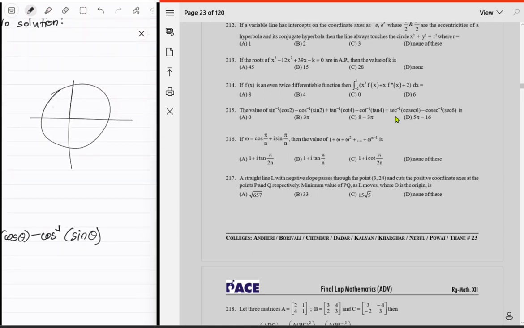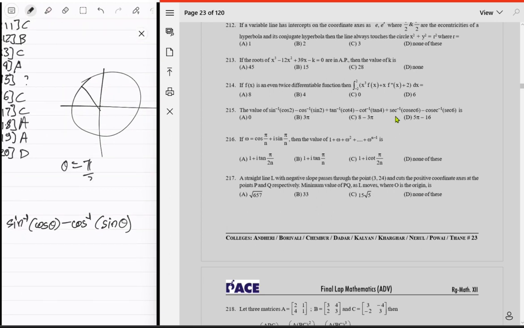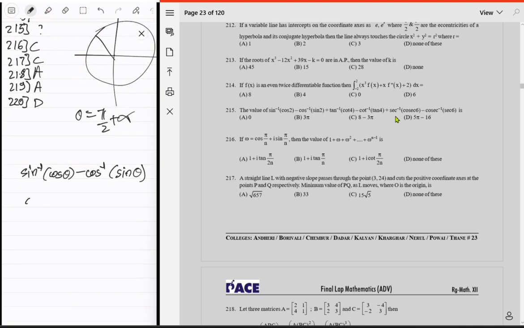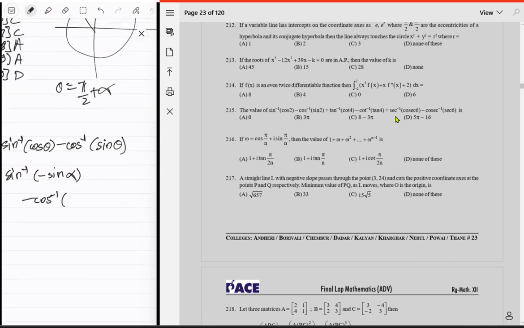In the second quadrant, just say theta is equal to pi upon 2 plus alpha. Then sine inverse of cosine of pi upon 2 plus alpha is like sine of alpha, but in negatives, like negative sine alpha ho jayega. Sine of alpha minus cosine inverse of sine of alpha is like what?